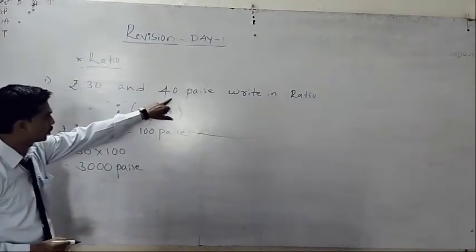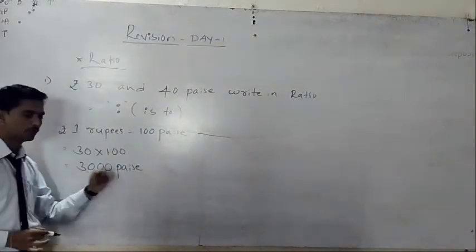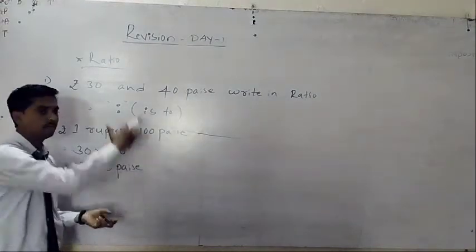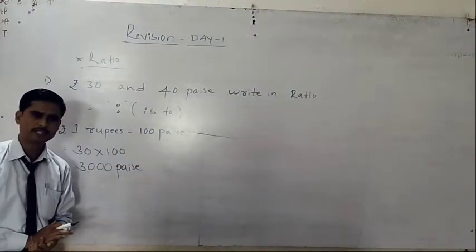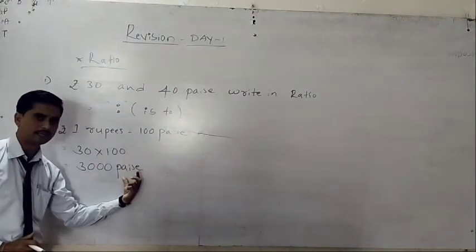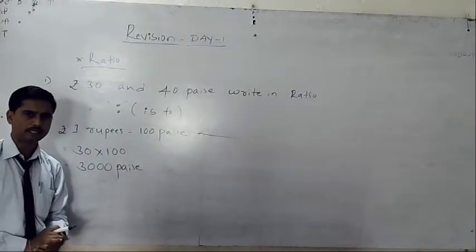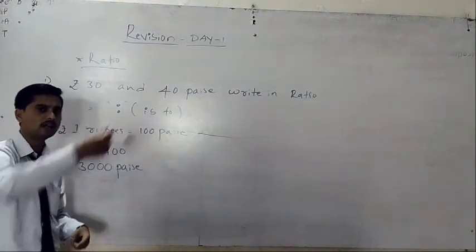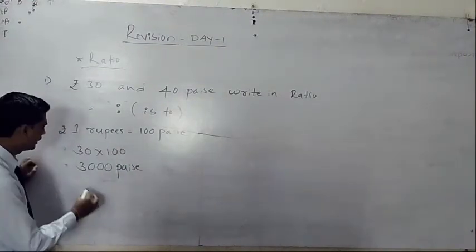But now here 40 paise, here 3000 paise. These are the same unit. Now it is clear. Here also paise is there and here also paise is there. Now you should write in ratio.